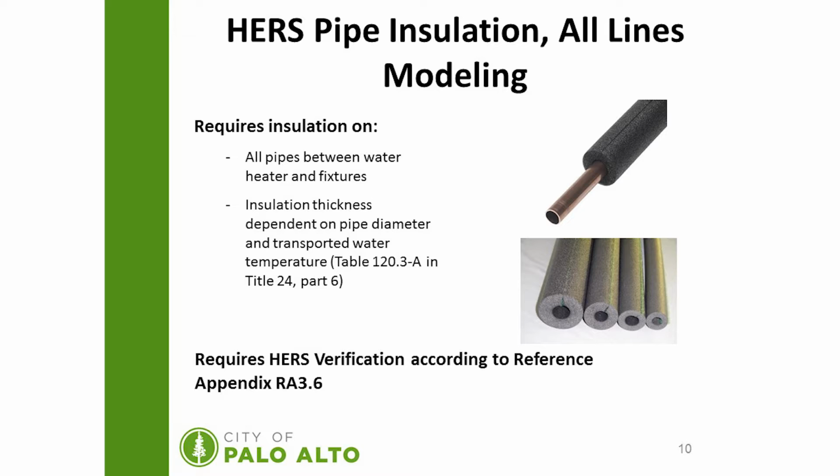The insulation thickness is dependent on both the pipe diameter and the temperature of the water being transported through those pipes. More details on that can be found in Table 120.3a in Title 24, Part 6. This measure also requires HERS verification, and you can find the details of those protocols in the reference appendix RA 3.6. Let's jump back in the model and see how this affects our building.